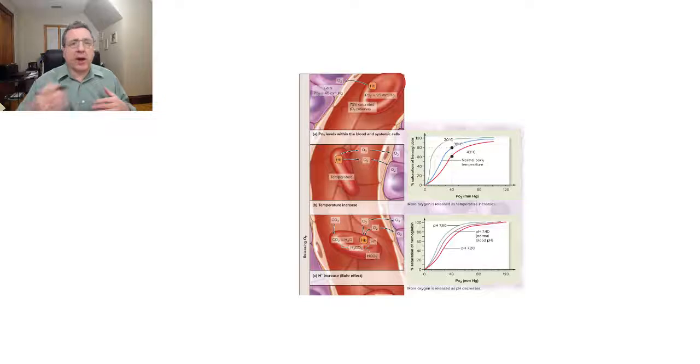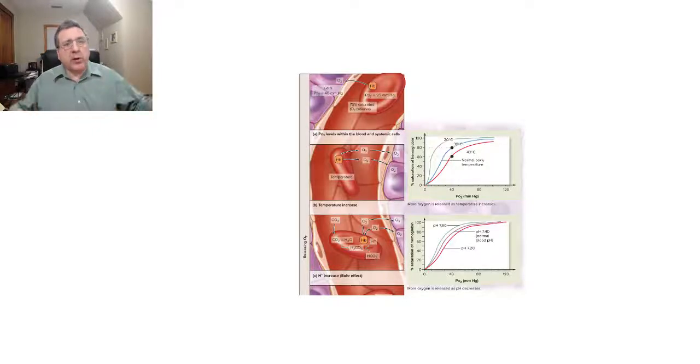The higher the partial pressure of oxygen, the more saturated the hemoglobin becomes. Now, at sea level, we talked that the partial pressure of oxygen in the alveoli was 104, and the maximum saturation you're going to get is 98%. So how do you get it to 100%? You would have to increase the partial pressure of oxygen.